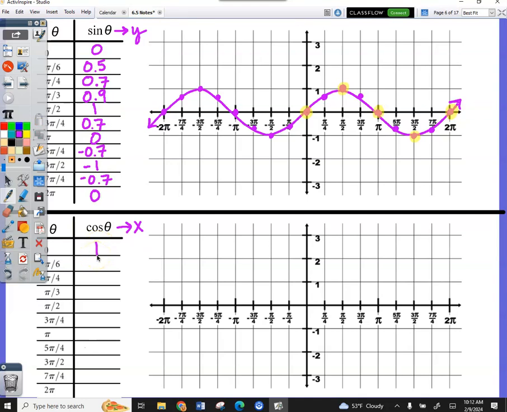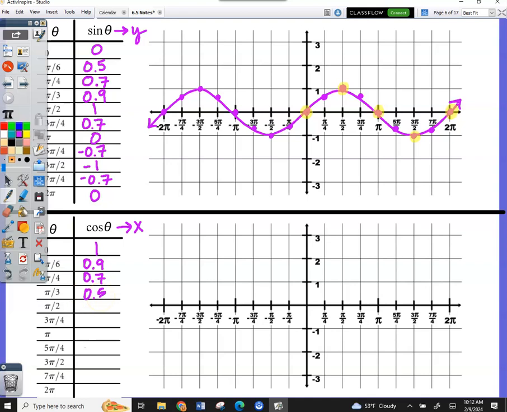What is the decimal at pi over 6? You end up with root 3 over 2, which is 0.9. Pi over 4, you get root 2 over 2, which is 0.7. Pi over 3 is 1/2.